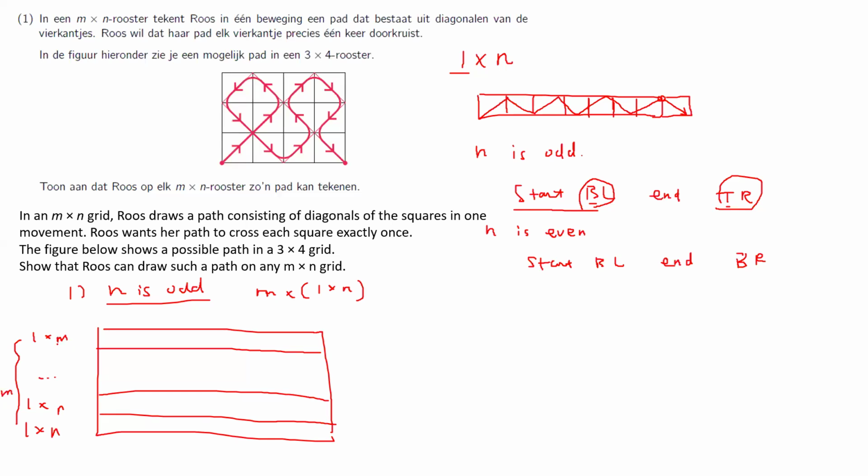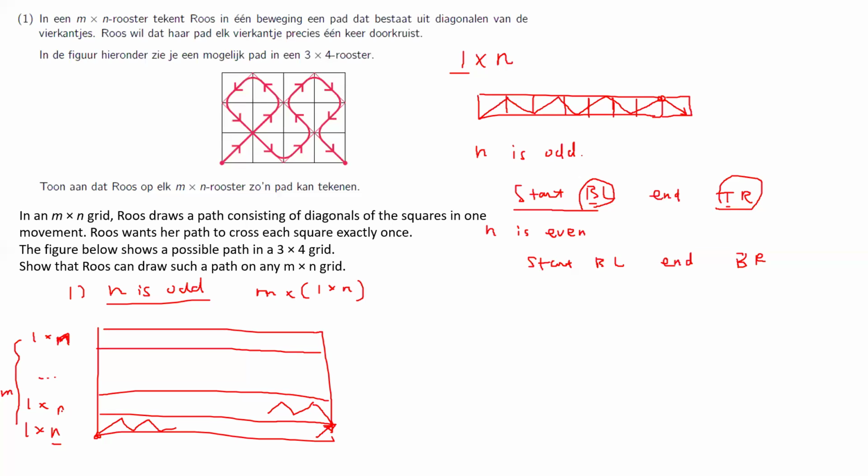We start with the square on the bottom left, and when n is odd, it always ends at the top right. Then for the second stack, we start with the bottom right and go this way.